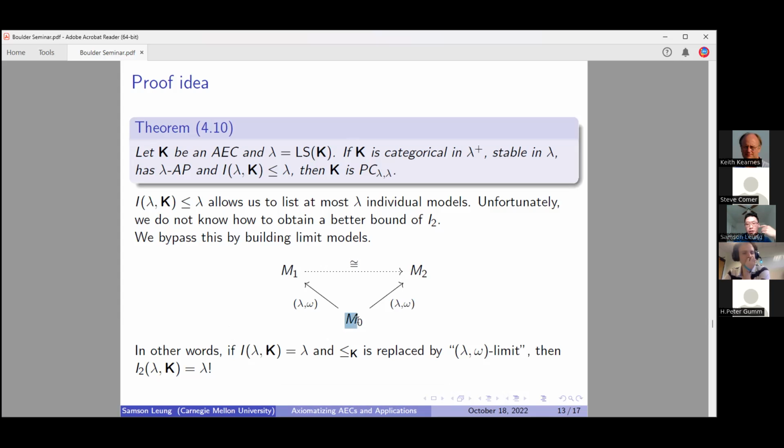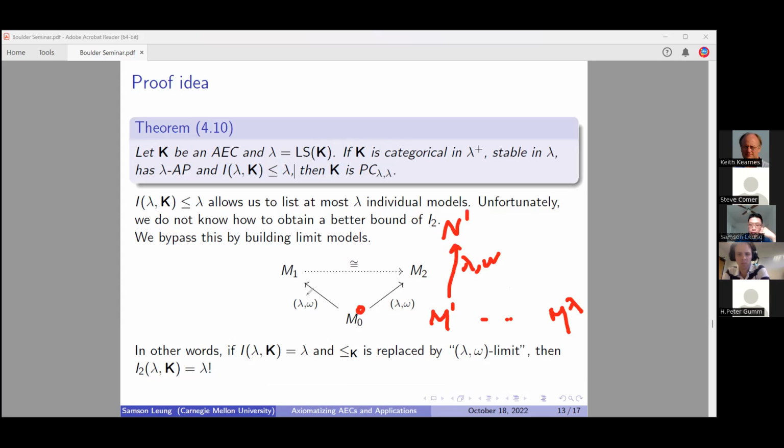But now in the general case, we might not have just one base. We might have many different bases. So I need to use the assumption that I is less than or equal to lambda, so I can consider different small bases. Unfortunately, I've already used 0, 1, 2 here. So let's say I call the first small base M0, M1, and then the last one M lambda. Then I know that to each small base, there's only one way to create a limit model.